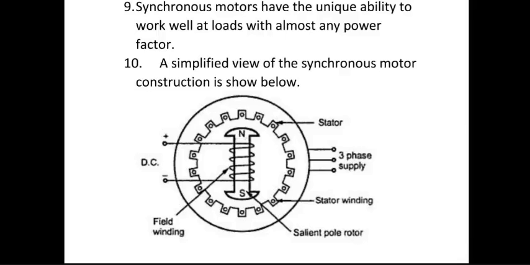And the result is interesting. If you have three-phase supply coming into the stator, it will produce a rotating flux in the area inside the stator. And you are also supplying DC to the field windings on the rotor. So that would produce another magnetic flux which will not be rotating. One flux is rotating, the other is not. The system doesn't like it.